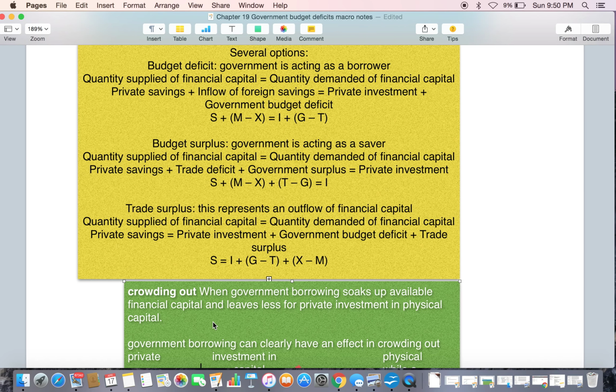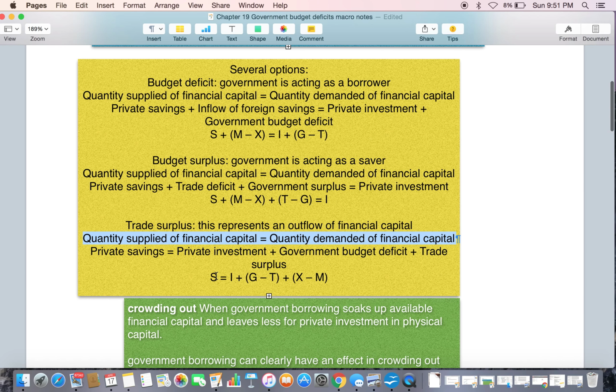Here we have both a government budget deficit and a trade surplus. So the only source of financial capital, or supply of financial capital, would come from private investors, which would be individuals or households, and this will be private savings as represented by S. Investment will be all private investment that's done by businesses and companies.